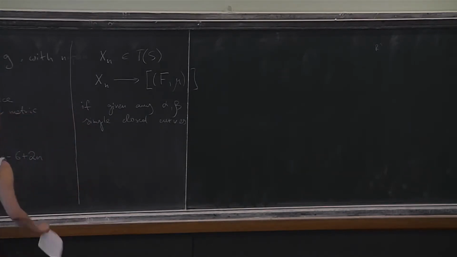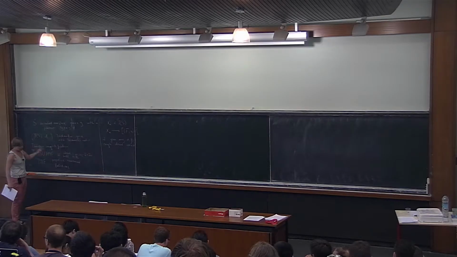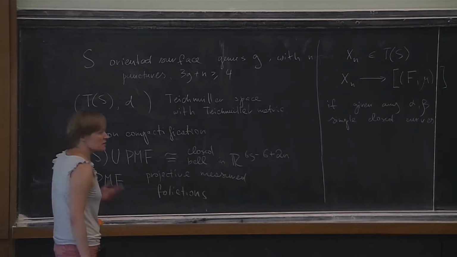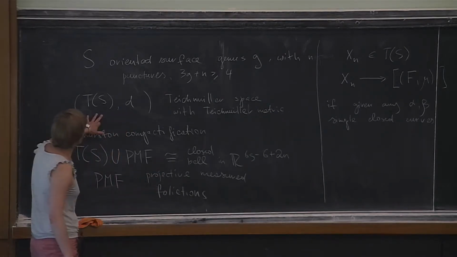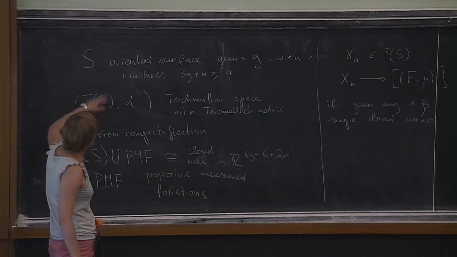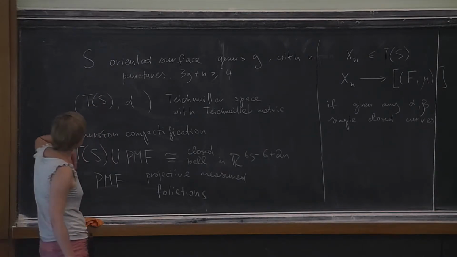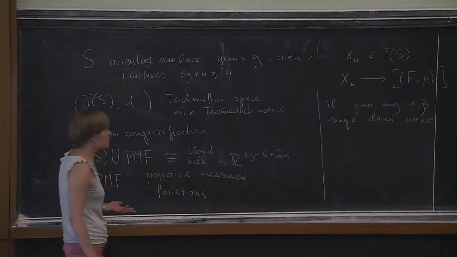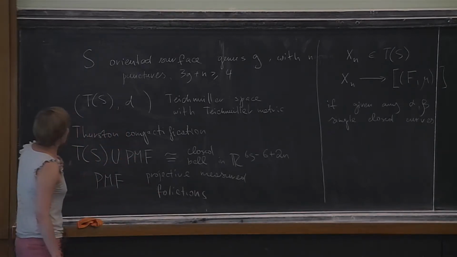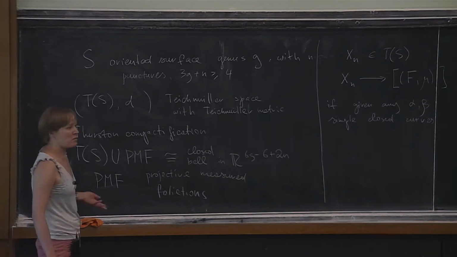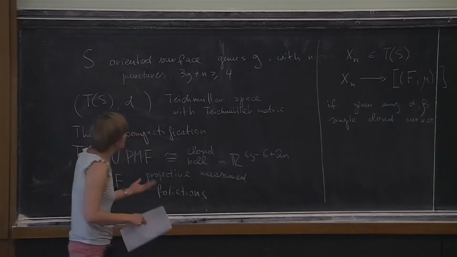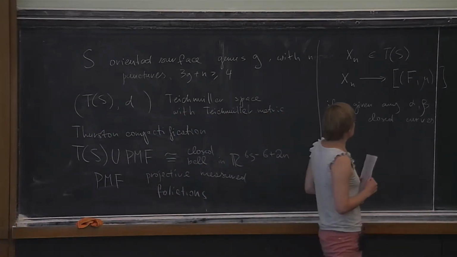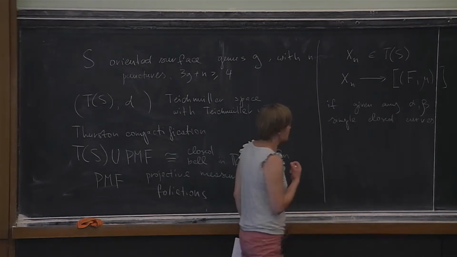So Teichmuller space, you know that one can think of it as a space of Riemann surfaces, some equivalence classes of marked Riemann surfaces, homeomorphic to S. Or by the uniformization theorem, one can also think of it as a space of hyperbolic surfaces. Okay, so for any Riemann surface, you have a unique hyperbolic metric, so curvature -1.